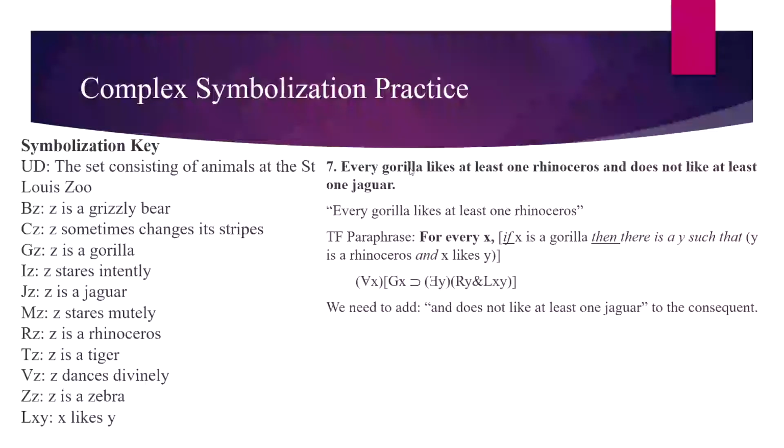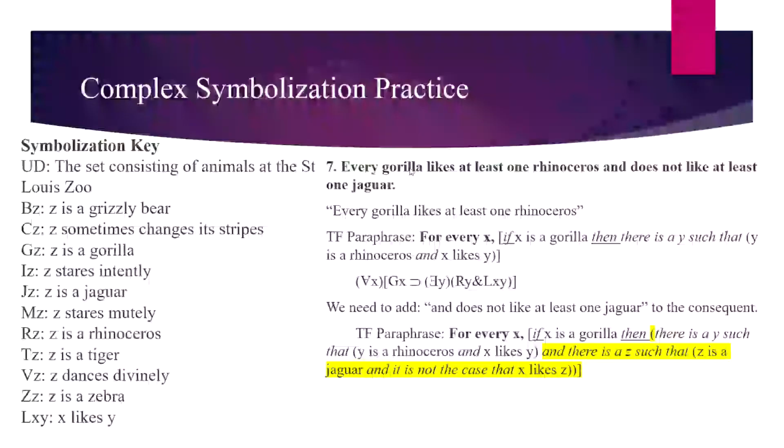So we need to add, there is something that is a jaguar that X does not like, to that consequent. So we add another set of parentheses. I have that parenthesis inside it in yellow so that we know we're adding that to our consequent. This whole part is the consequent.